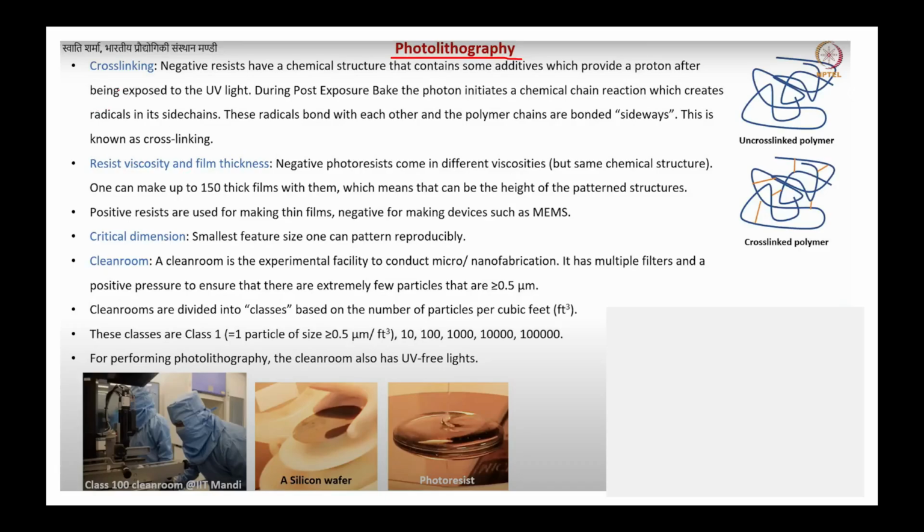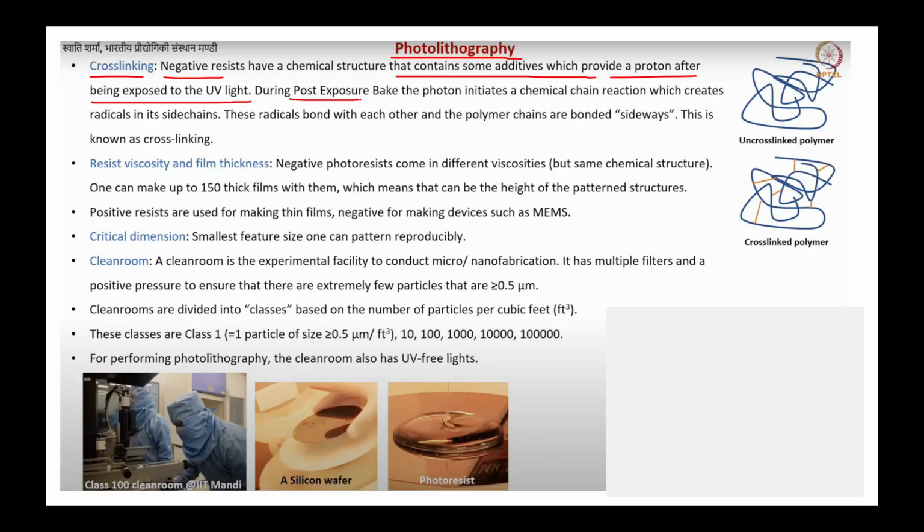So here, the first thing is, as we have seen in our negative resist, we have some cross-linking. In our solution, the negative resist has a chemical structure that contains some additives which provide a proton after being exposed to the UV light.